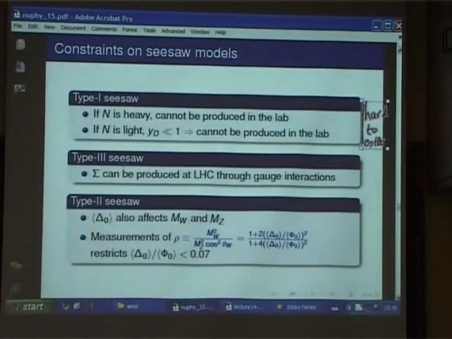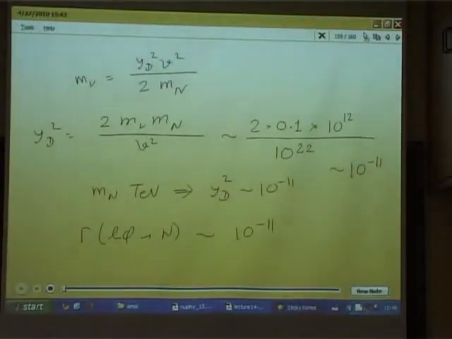Type 3 seesaw, one would think that a similar thing applies. In type 3 seesaw, if you have sigma of the order of TeV, then the same thing applies: yd squared is 10 power minus 11, so it doesn't work.